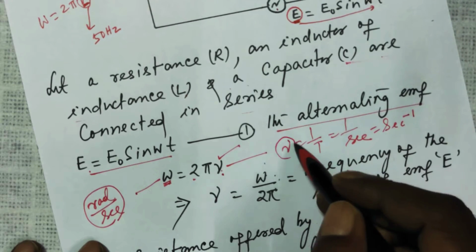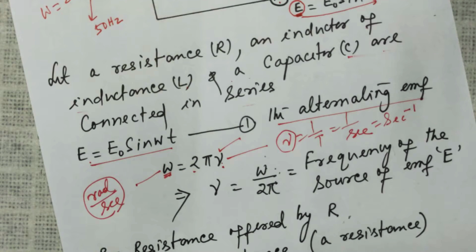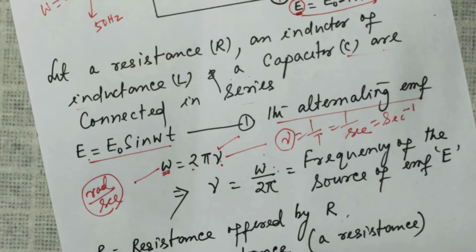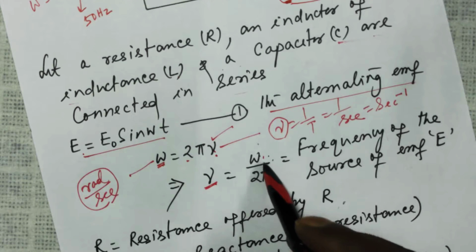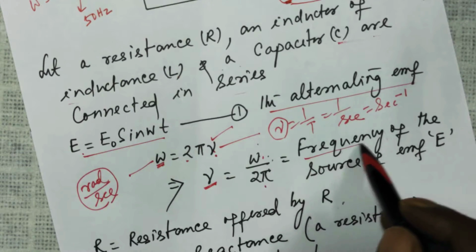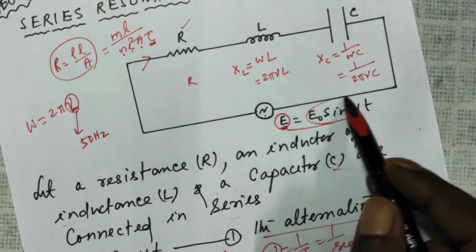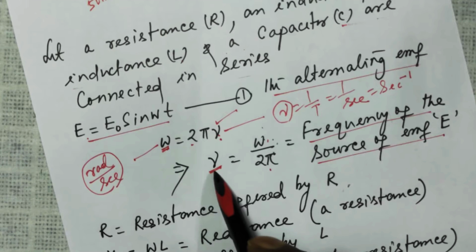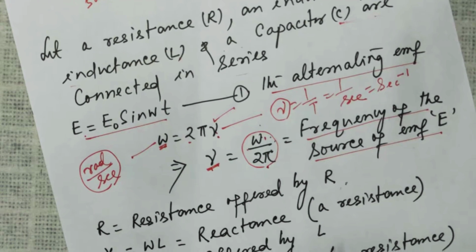For India, when you say your household voltage is 220 volts, and you buy an electrical appliance, you will find the frequency 50 hertz will be written there. So from this, nu is equal to omega by 2 pi, the frequency of the source of EMF.